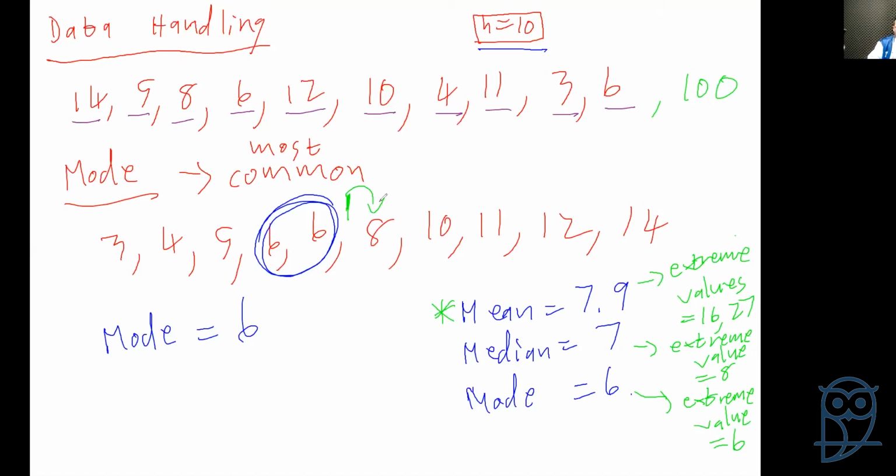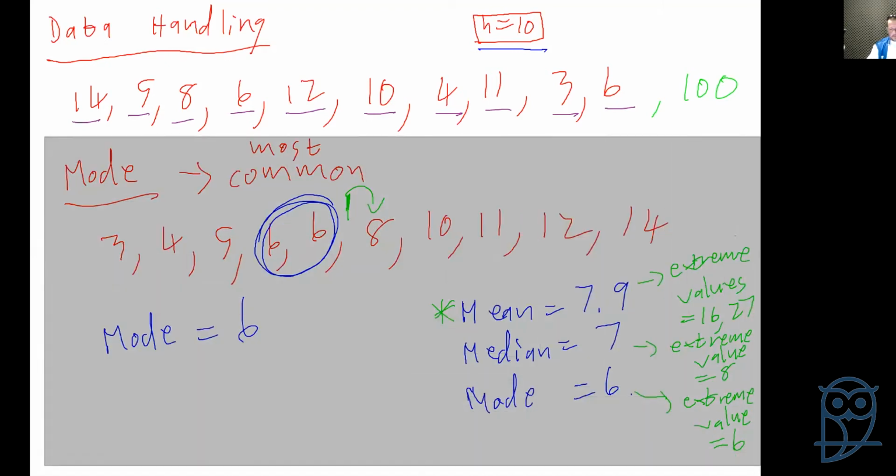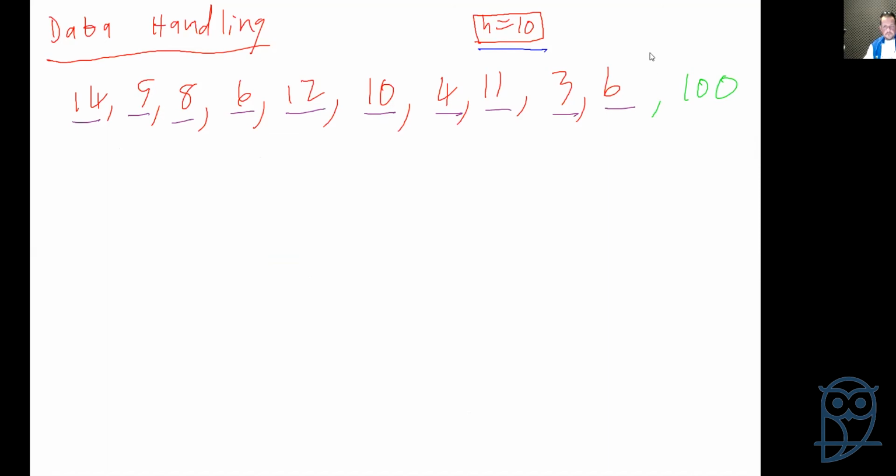All right. Now, I said you were going to be dealing with 4 things: mean, median, mode, and range. So let us have a look at range. Range.